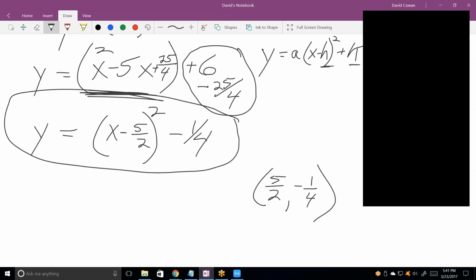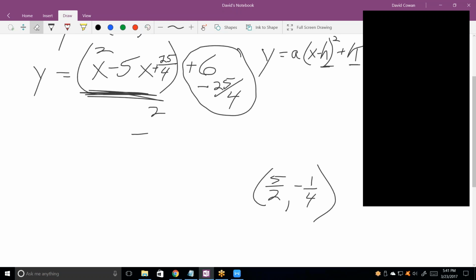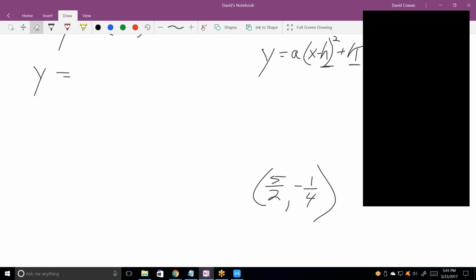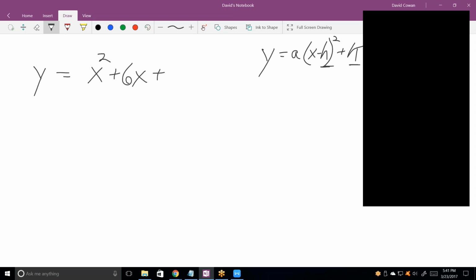Okay. Now, the only hard part was completing the square. So I'm going to give you a different one just to make sure you can do it. How would I put this in vertex format?